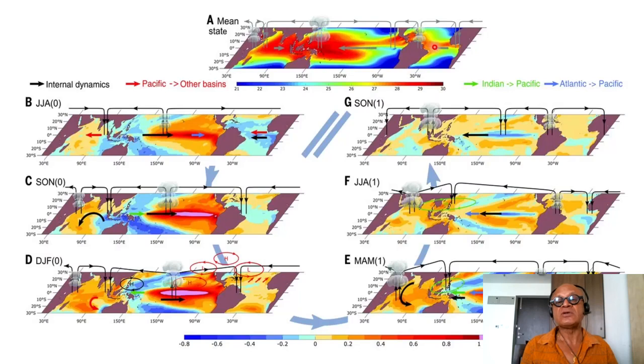Here is the mean state with the trade winds, the upwelling, cold temperatures here, tilted thermocline, Indo-Pacific warm pool, and the ITCZ with the warm temperatures. Gulf of Mexico, of course, is warm, and the Atlantic with its upwelling, trade winds and ITCZ, and so on. And there are zonal modes of variability in each of the tropical oceans.